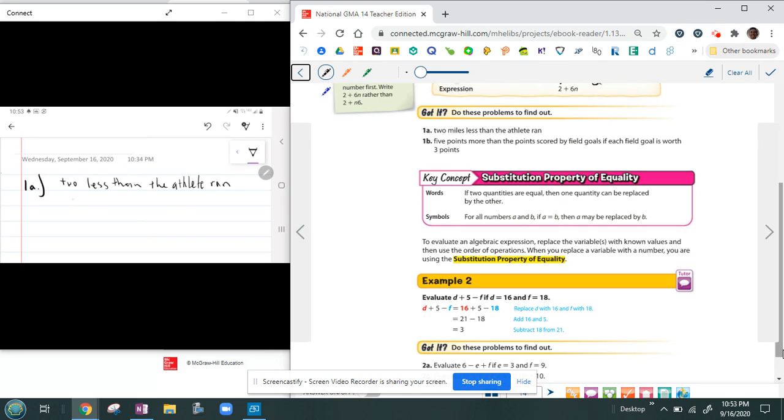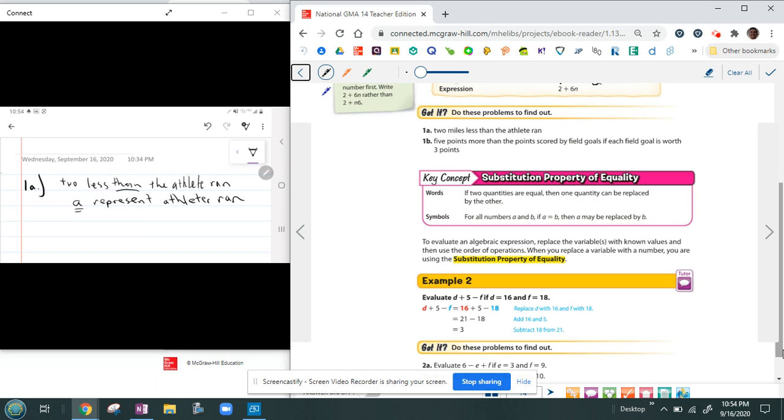So let's let A represent how far the athlete ran. I'm just writing shorthand to make it quicker. So A is going to represent how far the athlete ran, and 2 less than that.